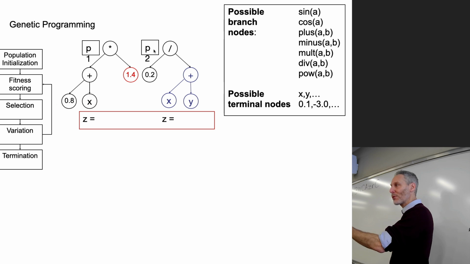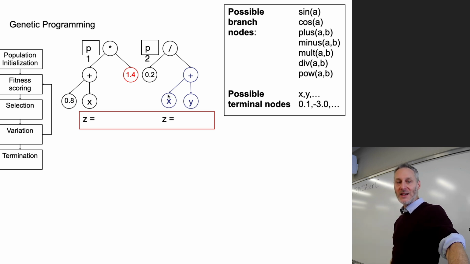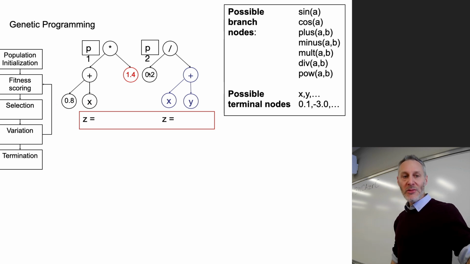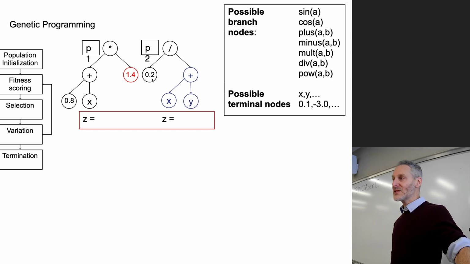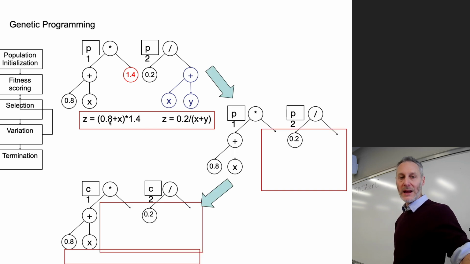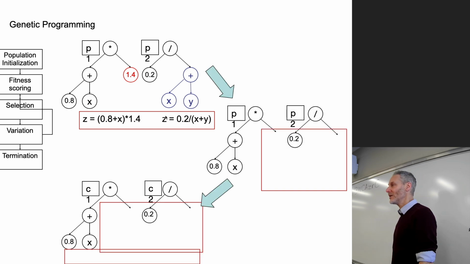Random choice with replacement. You can pull out as many x's as you like, or anything else. Okay, in this case, I won't go through it, but GP has generated a second random equation, 0.2 divided by open bracket x plus y closed bracket, which is what we have down here.